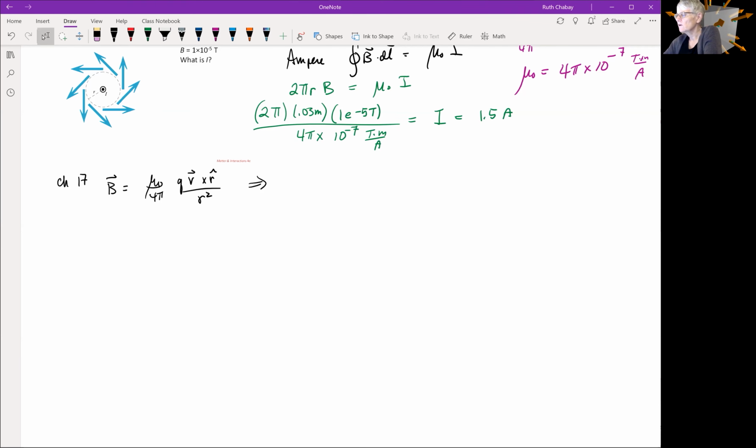And then for a current, we got delta B is equal to mu 0 over 4 pi I delta L cross r hat over r squared for a little segment of a current. And we derived for a long wire, B of a long wire was mu 0 over 4 pi. Let me write that better.